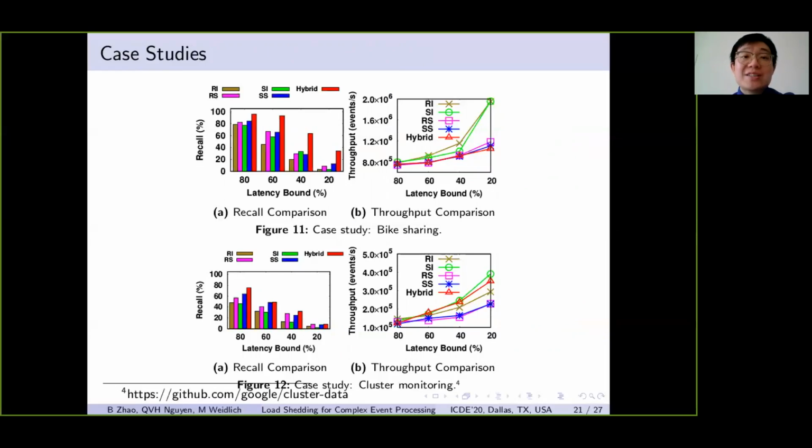However, in Google cluster monitoring, it is comparable to input-based shedding. After further investigation, we found that this is because bike sharing prefers state-based approaches, while Google cluster monitoring prefers input-based counterparts. It reveals that different applications may favor different load shedding strategies because of their own characteristics.